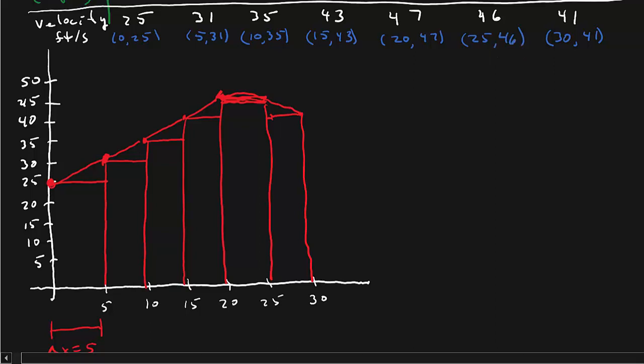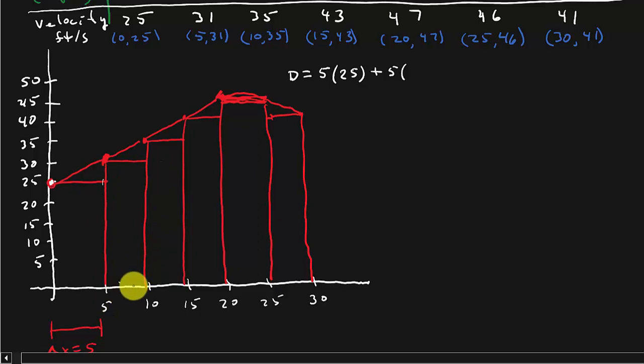So the total distance, see if I can kind of squeeze it right in here. The distance is going to be this width times this height, which is 5 times 25, plus this width times the height of this one. See, the first one was the width times this height.